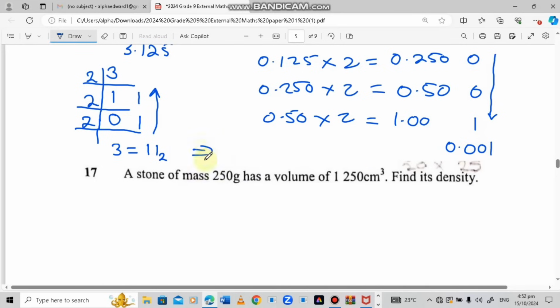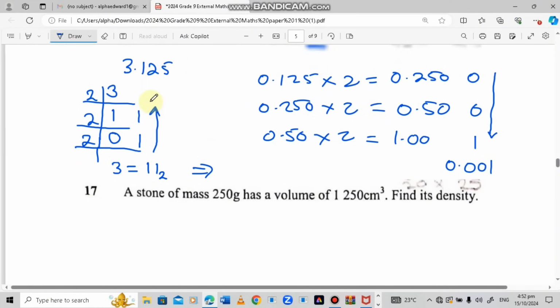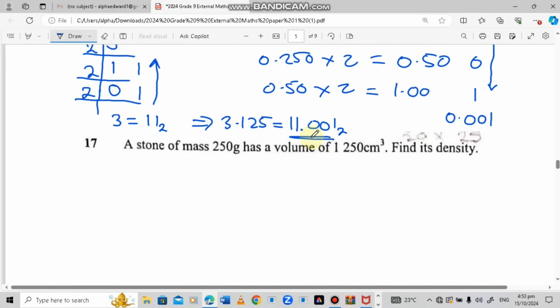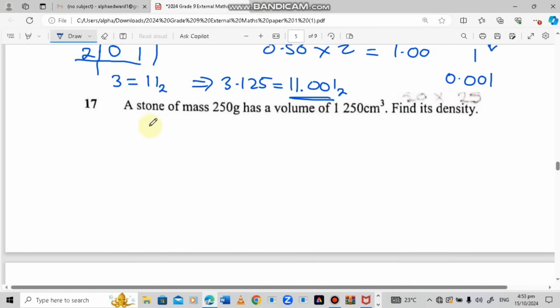So meaning this will imply that 3.125 is equal to 11.001 in base 2. In other words, you're just adding this part, 001 in base 2. So this is the answer, 11.001 in base 2.